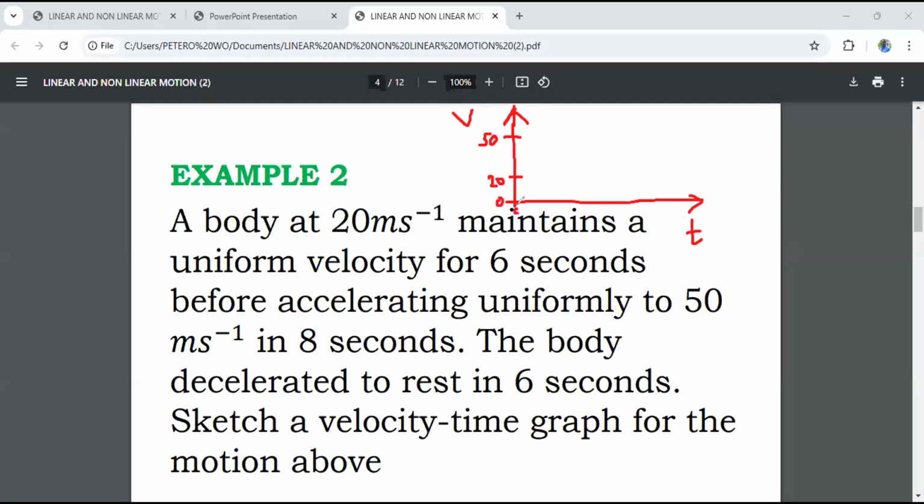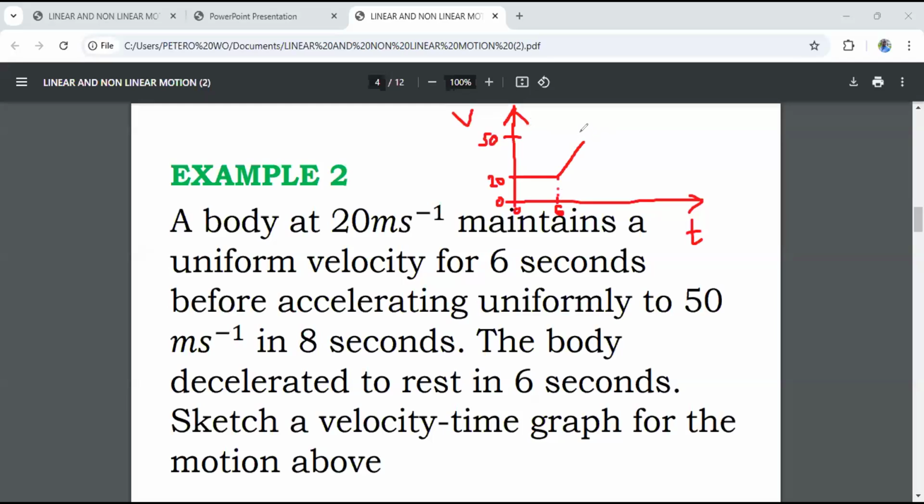So we maintain that 20 for a time which is 6 seconds. So here we'll be having 6. And after that, we have acceleration to 50.